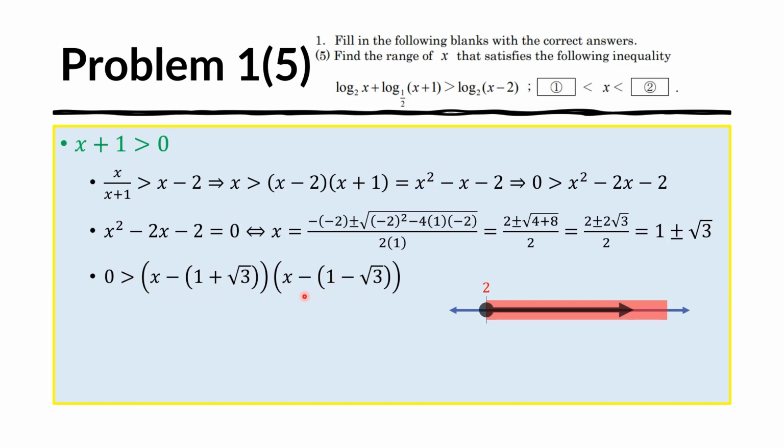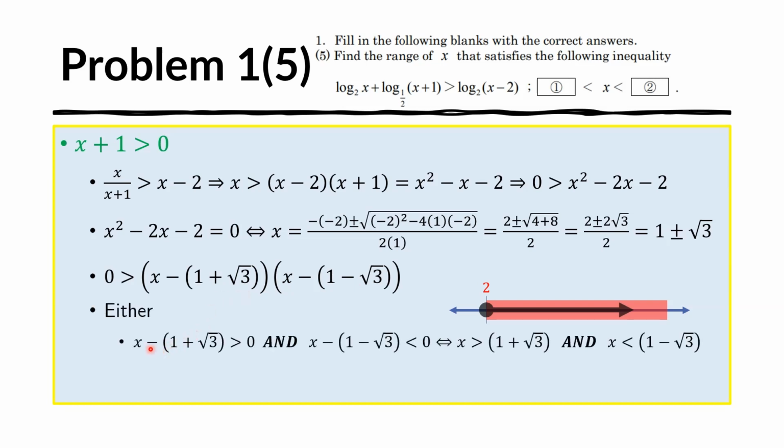There are two possibilities for this to be a negative number. First possibility is that the first expression must be a positive number, and the other expression must be a negative number. And the way we write that is that this expression is positive, meaning it's greater than 0, and the other expression is negative, meaning it is less than 0.